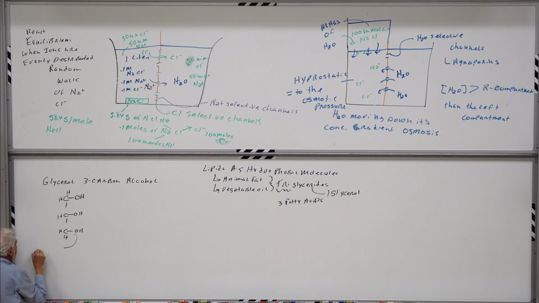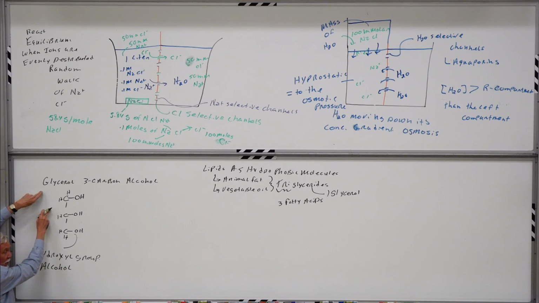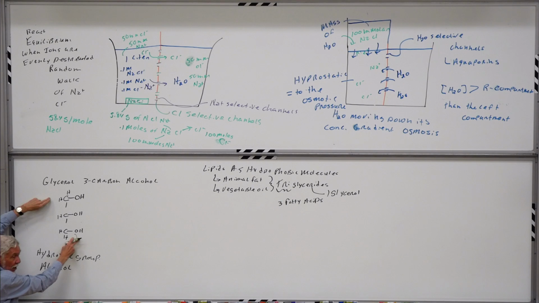Now, this is a hydroxyl group. But in organic chemistry, when we see these hydroxyl groups, we say this is an alcohol. So that means this glycerol is a 3-carbon alcohol. It's reasonably soluble in water because these hydroxyls, these alcohols, are polar and will allow it to go into solution.